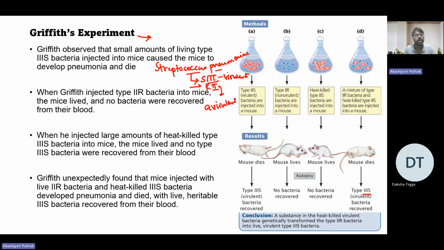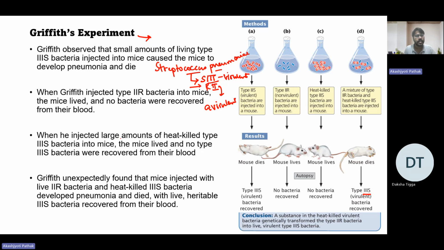So Griffith observed that a small amount of living type S3 bacteria injected into the mice caused the mice to develop pneumonia and die. When the R2 type bacteria is injected into mice, it remains alive, because this is a non-pathogenic strain of the bacteria.